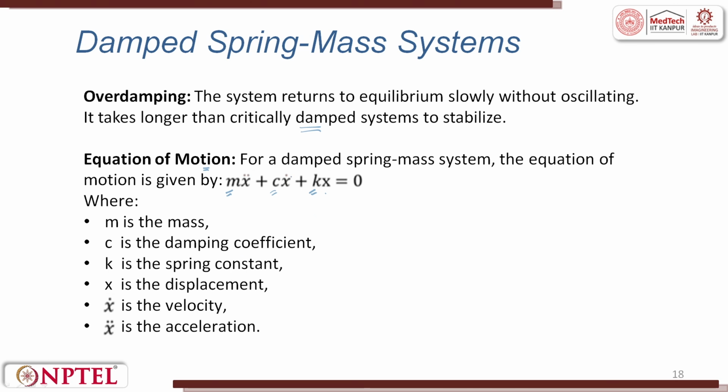So, you differentiate x with respect to t to get velocity, and differentiate one more time to get acceleration. The equation of motion for a damped spring mass system is expressed in this form.